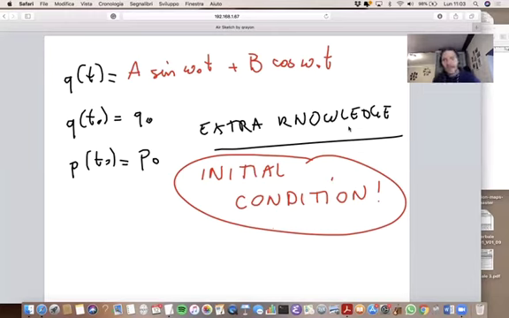So, okay, given the knowledge of an initial condition, maybe we can hope to use these two pieces of information. These are two equations. We have two unknown parameters, and therefore there is room for fixing A and B given this extra knowledge we're providing. So let's do that.